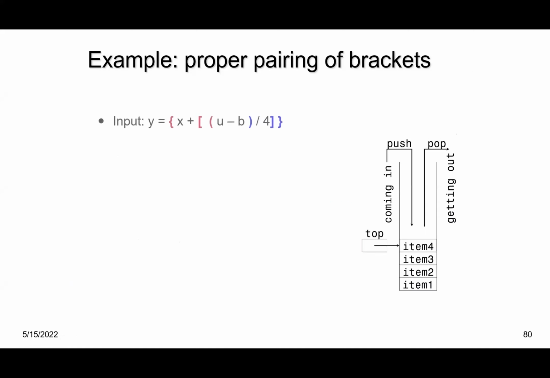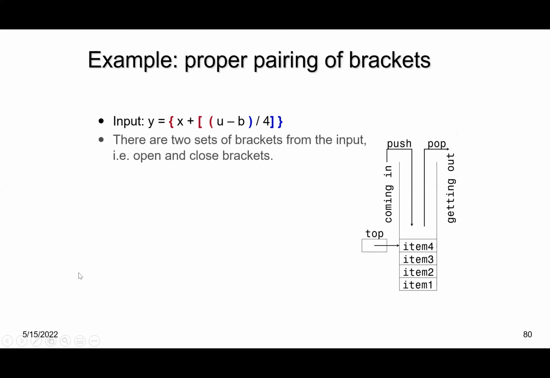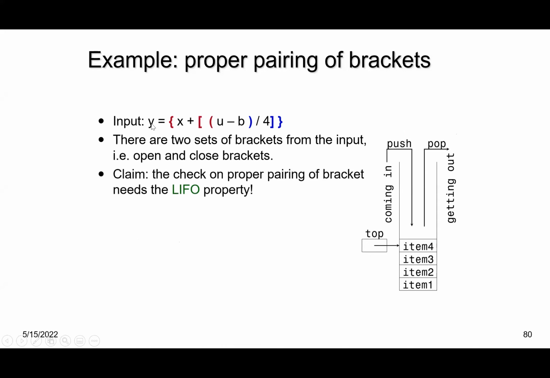Let's say the input to your program will be a string that contain this formula, the mathematical formula. So you will go through every character in this string, starting from the first one. And when you go through, if the character is not opening or closing, you just ignore it.